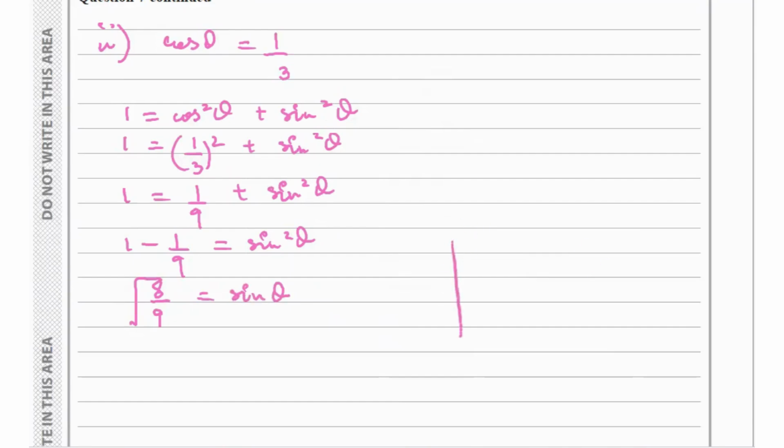Now this theta is from 0 to 90, so we're going to use only the positive value. And if you want, you can even simplify the square root of 8 over 9 to 2 root 2 over 3.